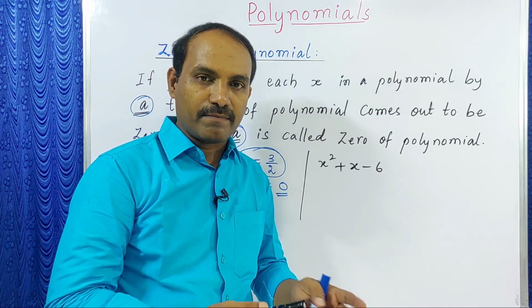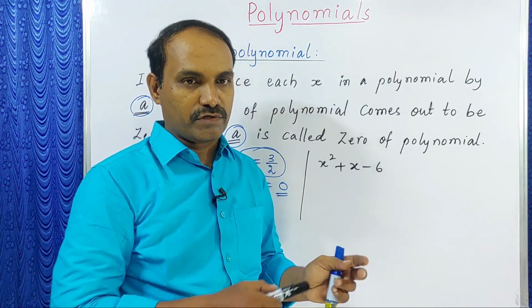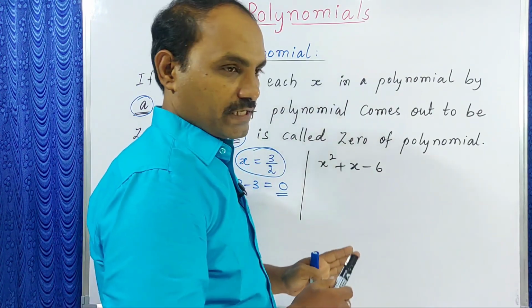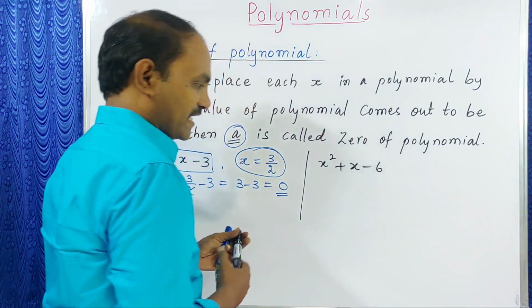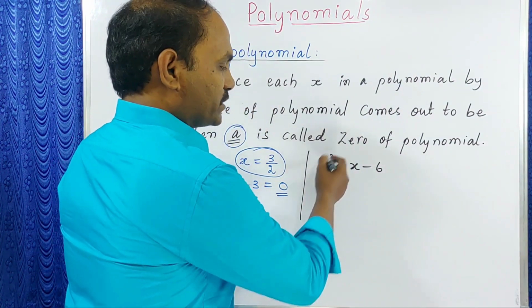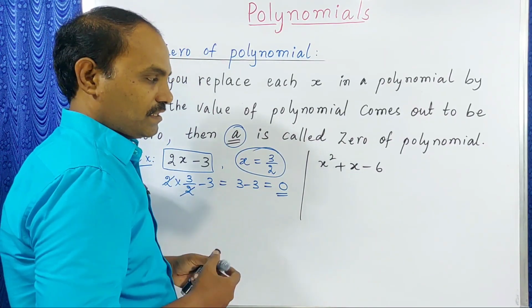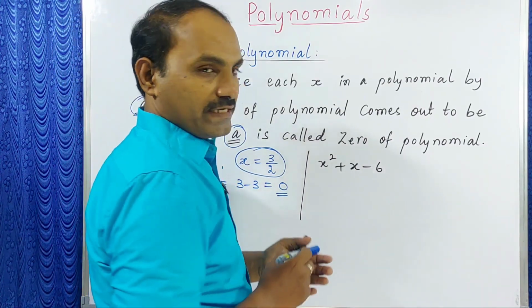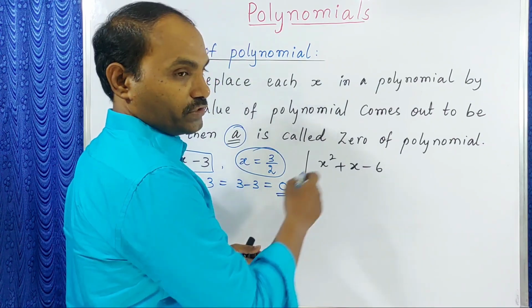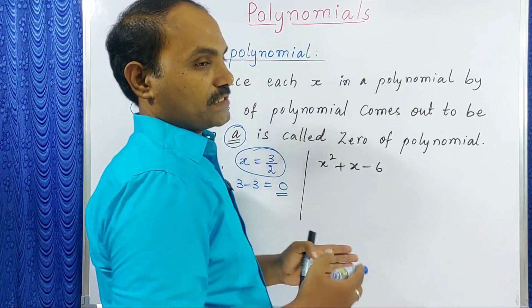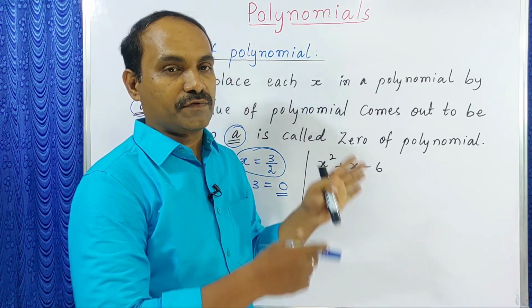A cubic polynomial has degree 3, that's why 3 zeros are there. According to the degree, their zeros exist. Here, for x square plus x minus 6, how to find the zeros? In the next section we will discuss how to find the zeros of the polynomial.